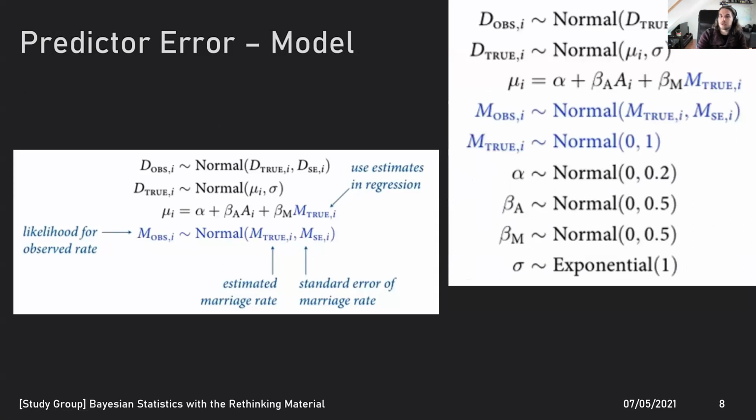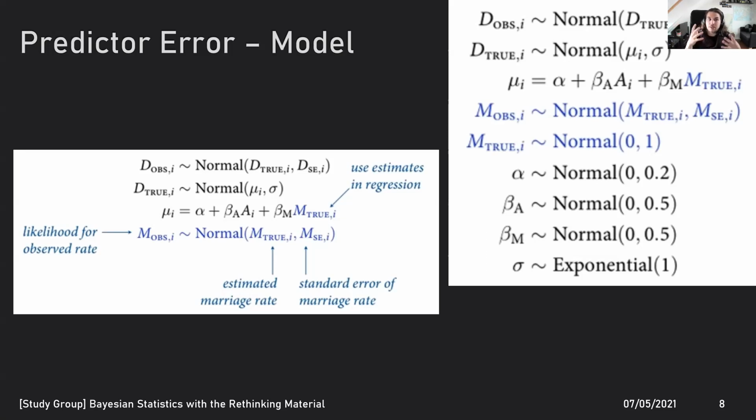Well, with the predictor error model here, you can see that we're still working with D observation and D true, because we're still acknowledging that there is some error that is not homogeneous on our divorce rate data, which leads us to dealing with observed divorce rates instead of true divorce rates.